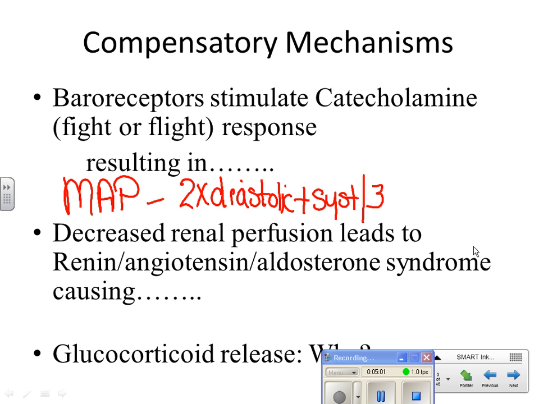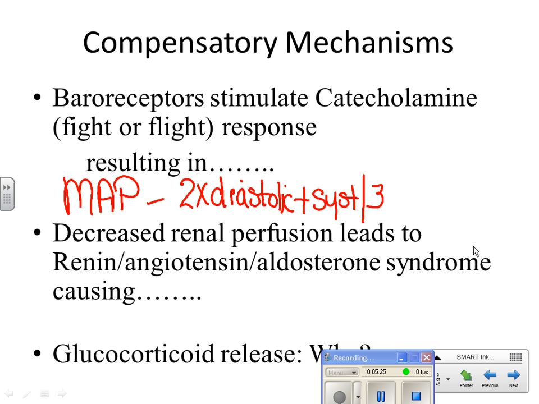And what does the sympathetic nervous system do to our vital signs? Raises our heart rate, right? Raises our blood pressure by causing vasoconstriction. And what does it do to our GI motility? Slows it down.